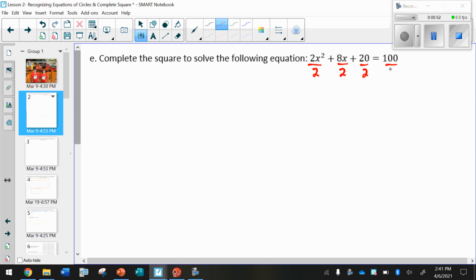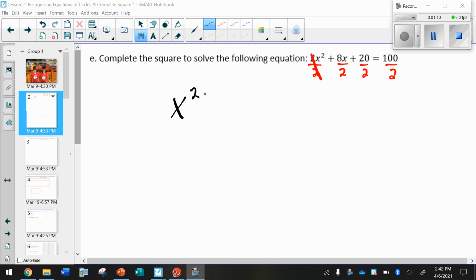So similar to this example, what we might have to do is divide by the coefficient of the x squared term. That leaves us with a positive x squared left over. And then each term of our equation will also get divided by 2.